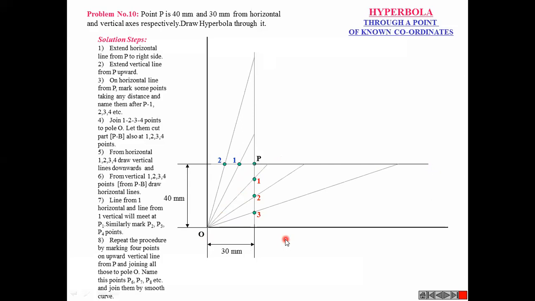Now from these intersection points, we will draw vertical lines like this, and from the respective points through which this line passed, we will draw horizontal lines like this.